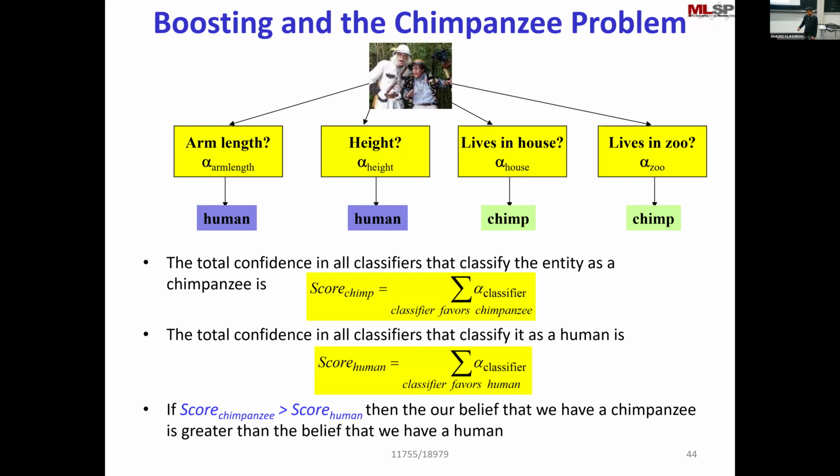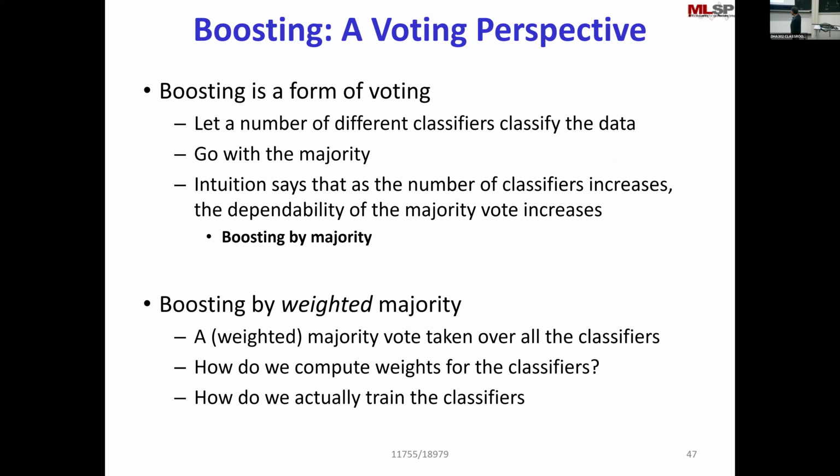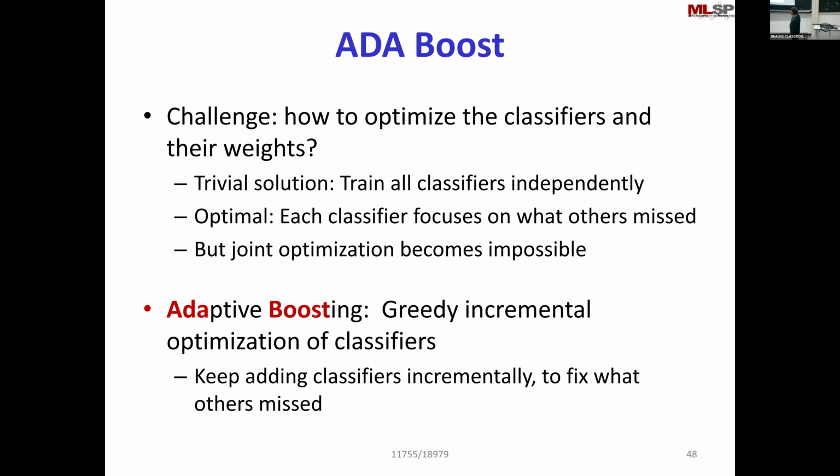You want each classifier to make up for the mistakes that the other ones are making. And so the weights must be jointly optimized rather than just individually assigning weights to each of these classifiers. And that really was the challenge for boosting, right? How to optimize the classifiers and their weights. You want to optimize both the classifiers and the weights.